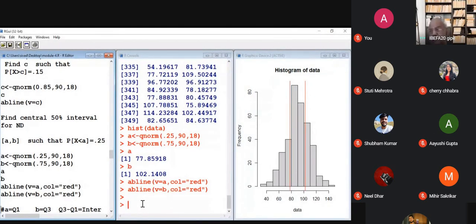So in the center 50%, meaning below left 25%, above right 25%. Correct? That is what is asked for, cutoff points A and B. Below 25%, the cutoff point is called the 25th percentile. Above, the right cutoff point with 25% is called the upper 75th percentile.